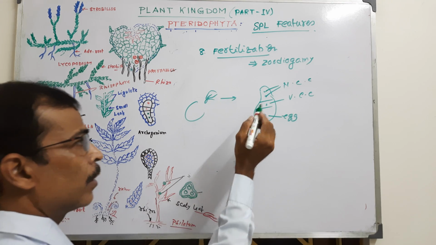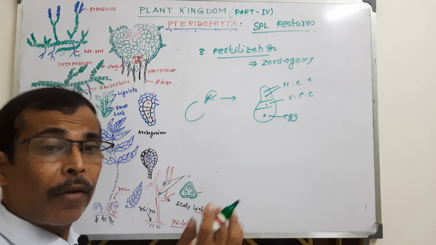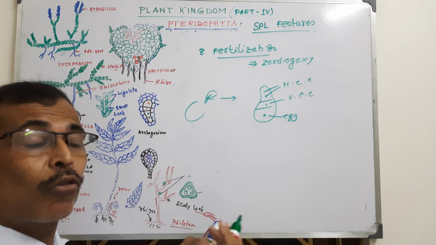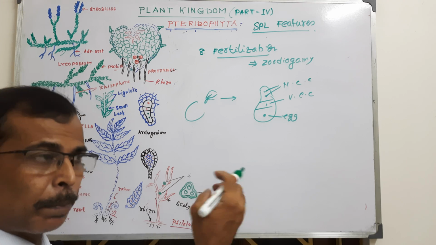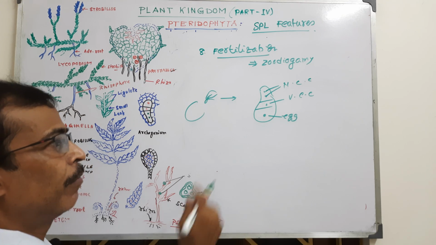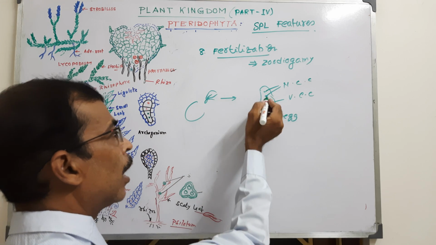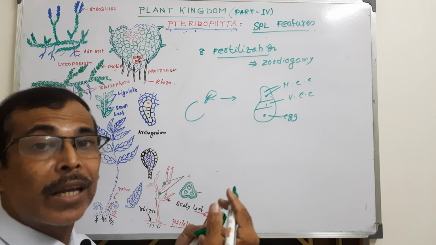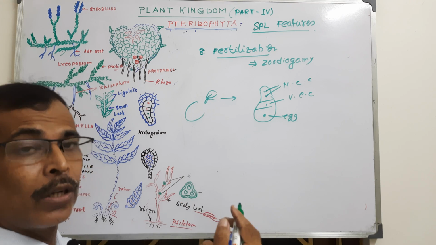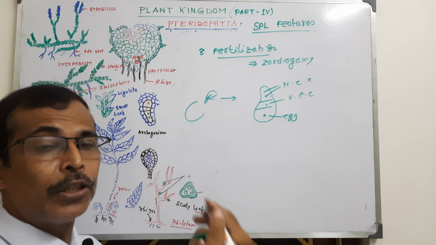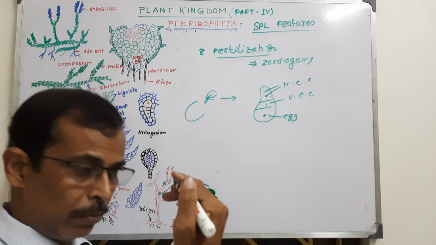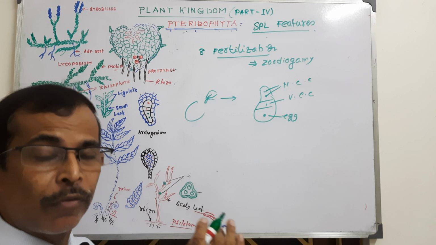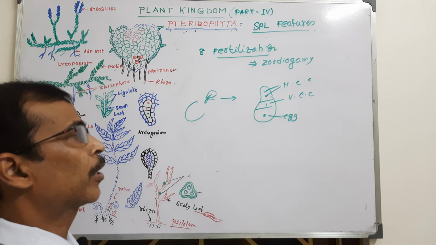In Biostudy, especially in mosses, I told you the ventral canal cells take part in the calyptra formation, but here there is no such role, and the number of neck canal cells is small. As we proceed, the number of neck canal cells gets reduced, and when we reach angiosperms we will find no archegonia.